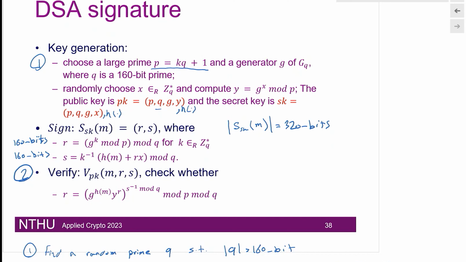Therefore that would also bring some computational relief using the DSA, because we are working on smaller groups with the same security. So whenever we do these exponentiations and multiplications, we are doing a lot less computation.